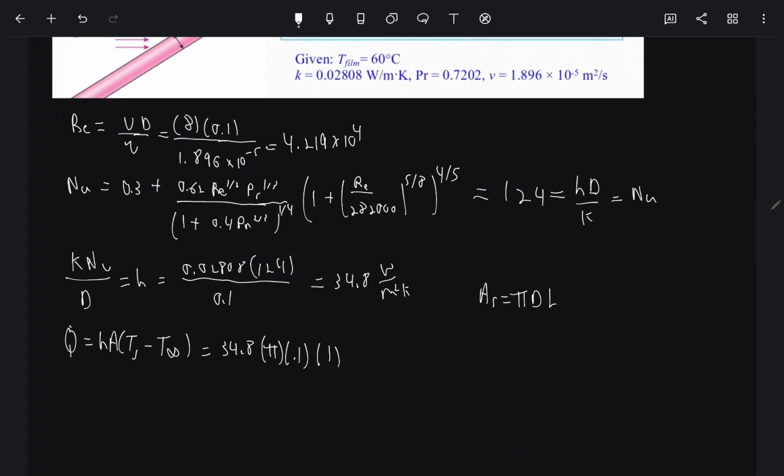So that's pi d L. And then we have to do Ts minus T infinity, so 110 minus 10. That is 1093 watts.